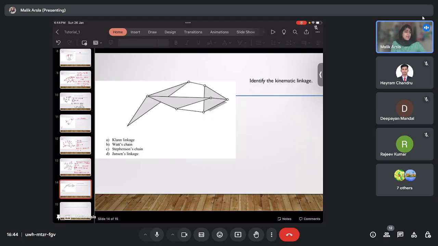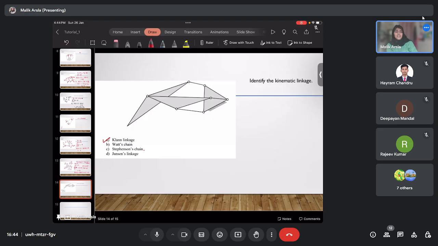So this is a Clance linkage, okay? The Clance linkage is basically an example of Stephenson's chain, but since we have been given both the options, the closer one is Clance linkage, so this will be classified as a Clance linkage.